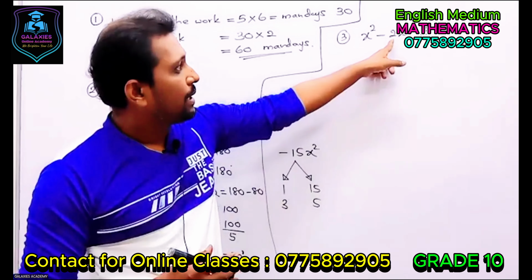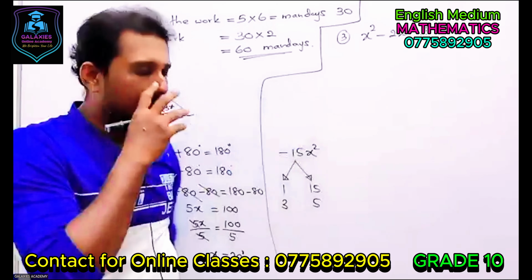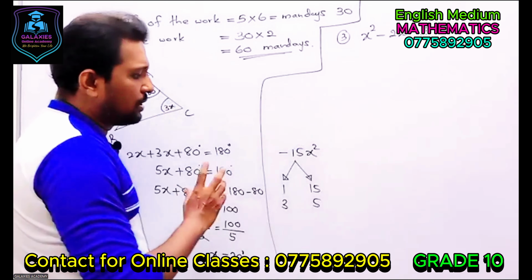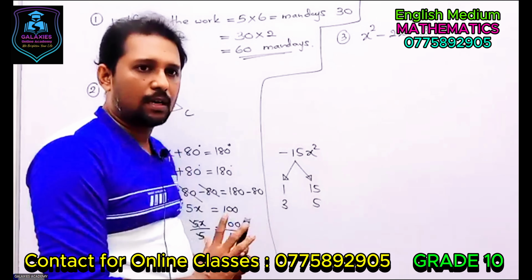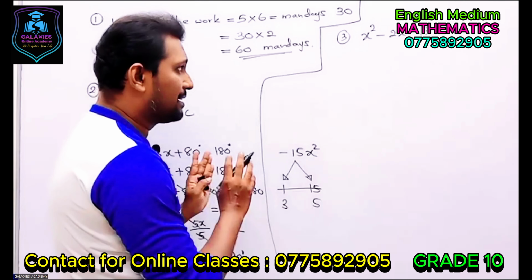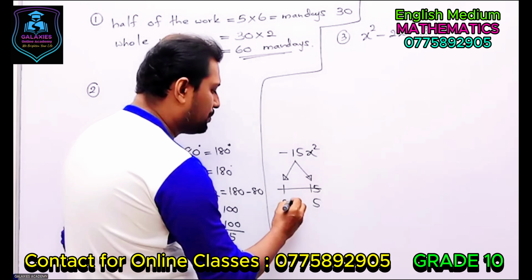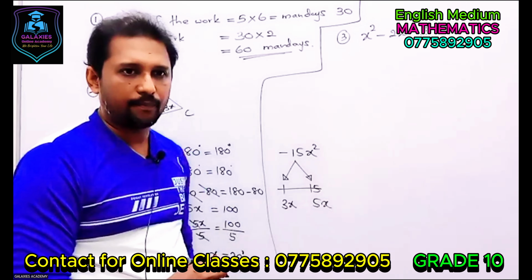Then we want to get the middle term minus 2x, right? So what are the suitable factors? 3 and 5 are the suitable. So these two are not suitable. So what are the factors? The one factor should be 3x, another factor should be 5x.